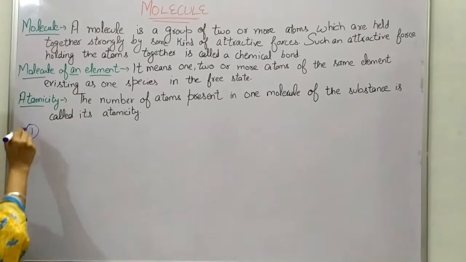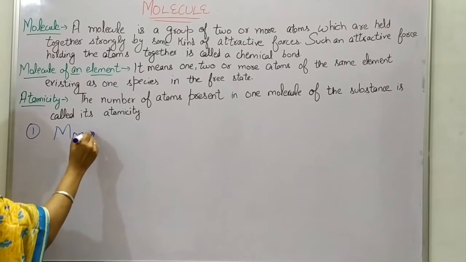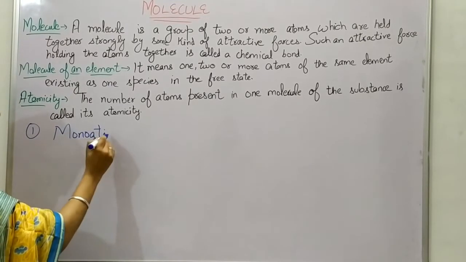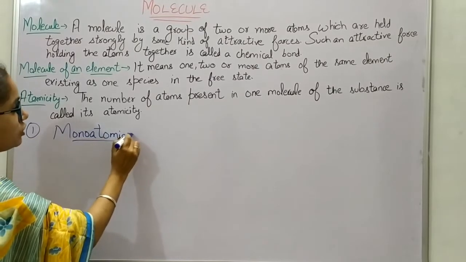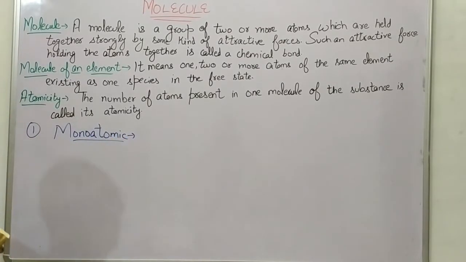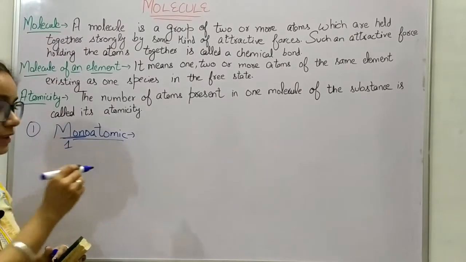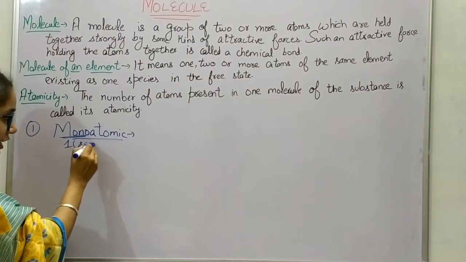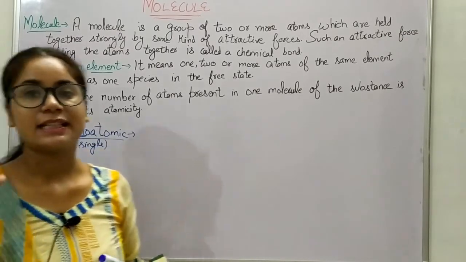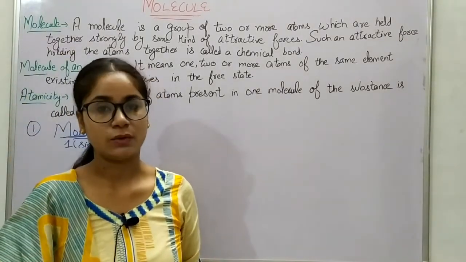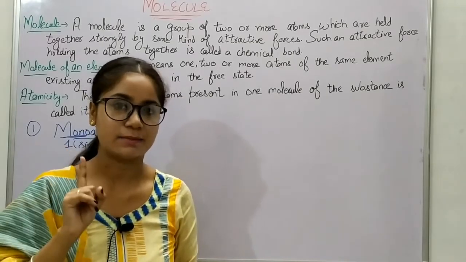First one is monoatomic. Well, what is a monoatomic molecule? Monoatomic molecule, as you can see from the mono means one, means single, of course. It means the atom and molecule would exist in free state as one single atom.